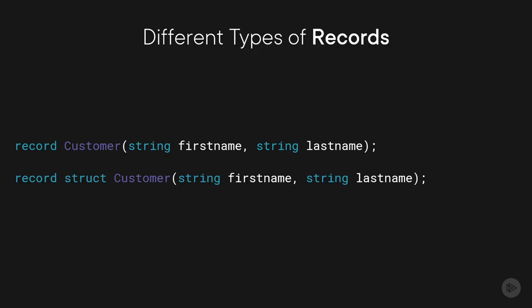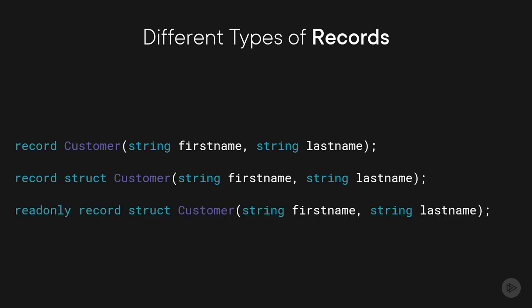This module introduced you to the very compact yet powerful way of defining reference types, with the purpose of containing data. A record is created by either creating a record class or a record struct, depending on where the data is stored. A big difference is that a record struct is not immutable by default.